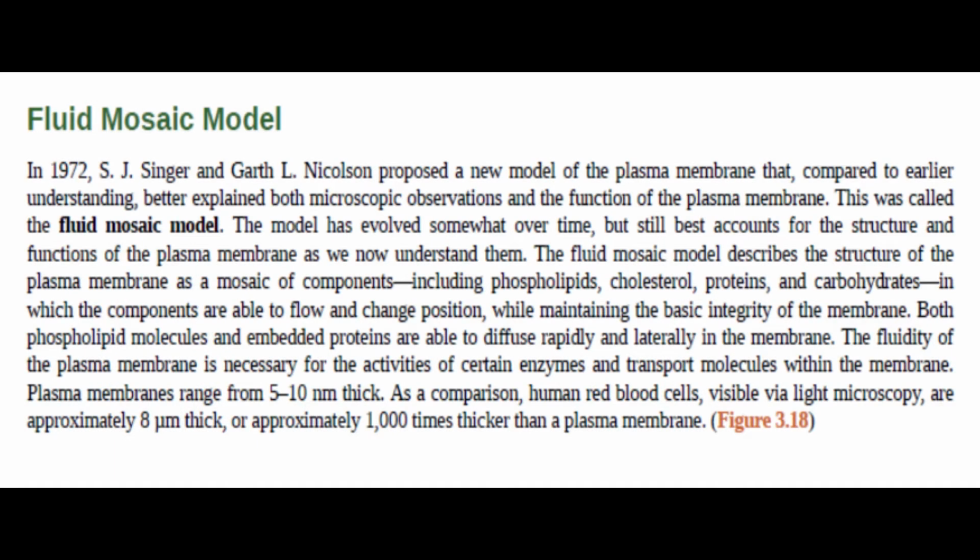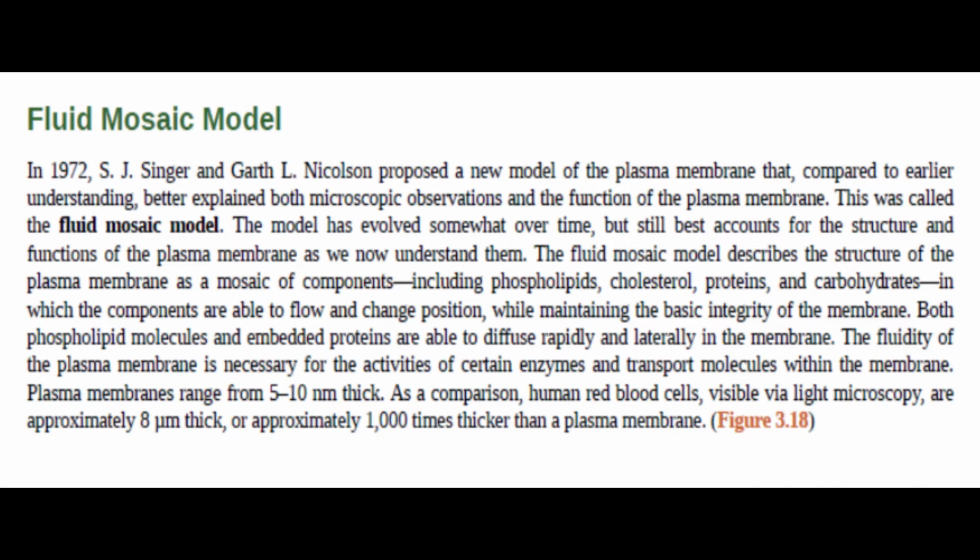The model has evolved somewhat over time, but still best accounts for the structure and functions of the plasma membrane as we now understand them. The fluid mosaic model describes the structure of the plasma membrane as a mosaic of components, including phospholipids, cholesterol, proteins, and carbohydrates, in which the components are able to flow and change position while maintaining the basic integrity of the membrane.